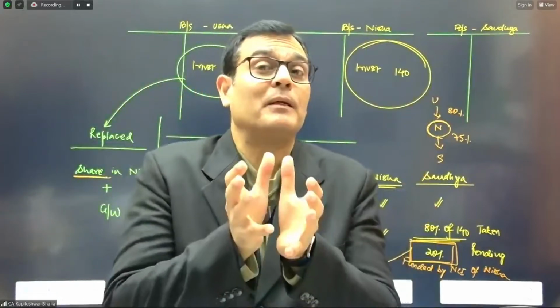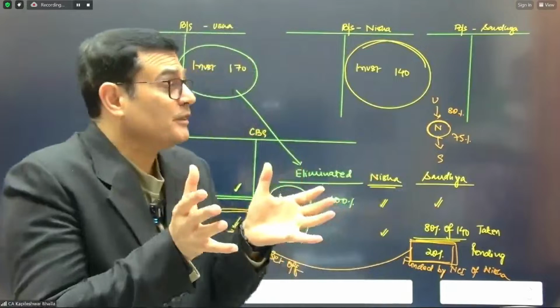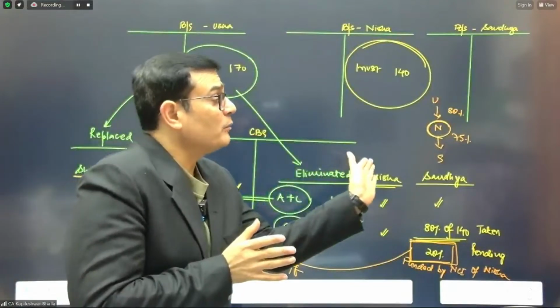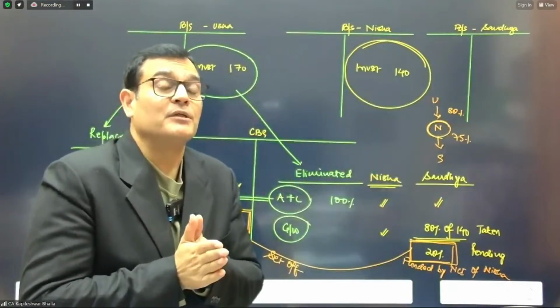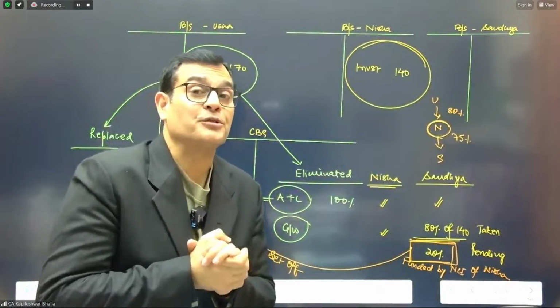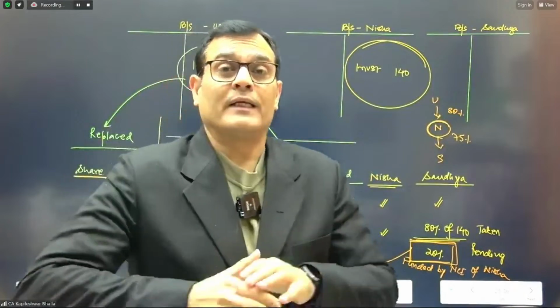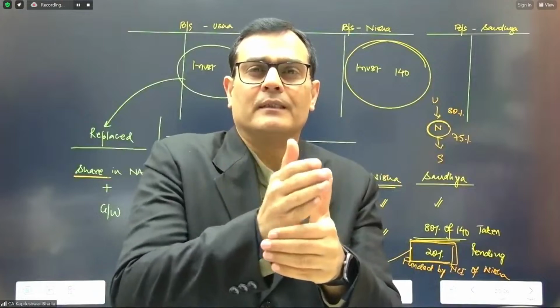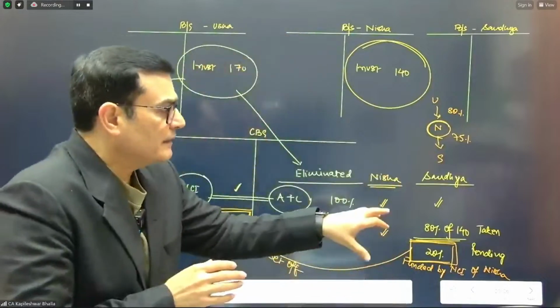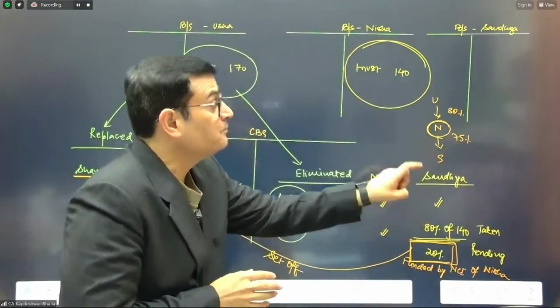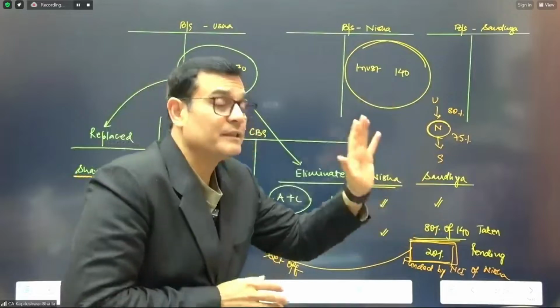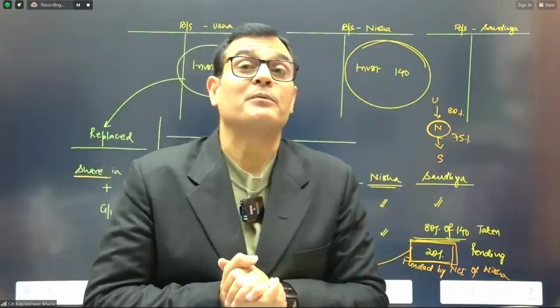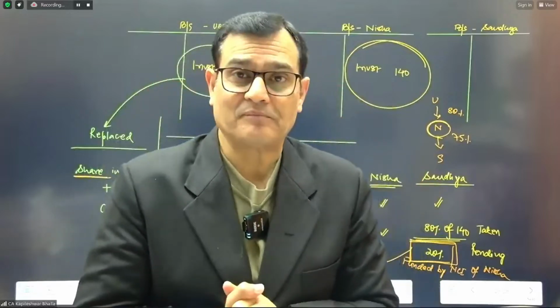So if you remember, when I gave you the 5 rules of consolidation, I said the investment will not appear in the balance sheet because it is taken in the goodwill calculations. But this time, only 80% went in the goodwill calculation. 20% did not go anywhere.